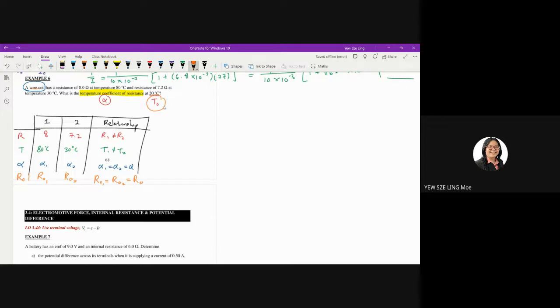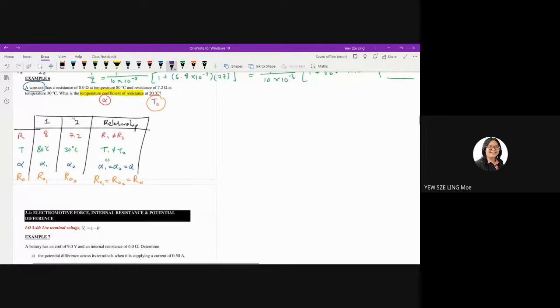Questions might tell you, okay, now you have 8 ohm at 80 degrees C, 7.2 ohm at 30 degrees C. All right, so you can use one as your initial, and use the other one as your final value. Also can, nothing's wrong. But for this question, these are the information that we have. And then the next thing, do I have the initial temperature?